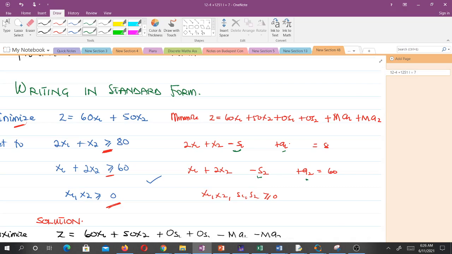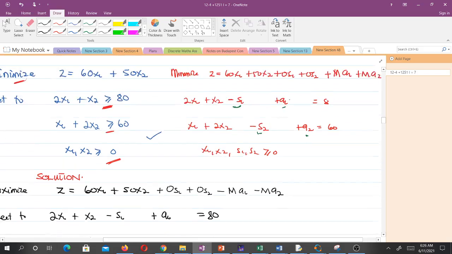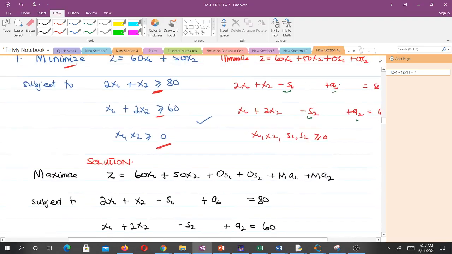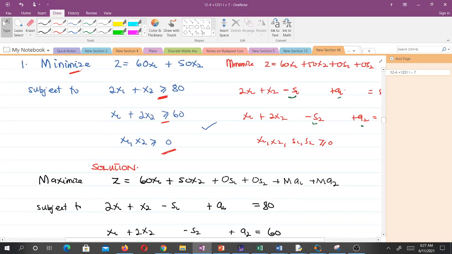So with the first example, this is the solution to it. So this is supposed to be plus. It's a minimization problem.